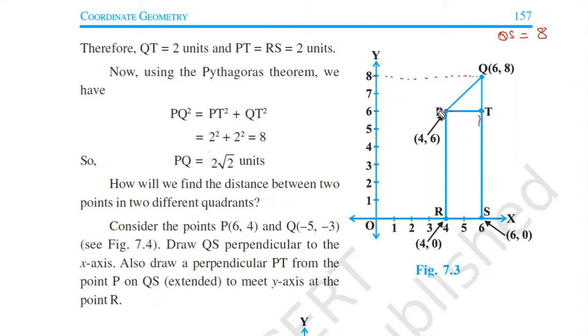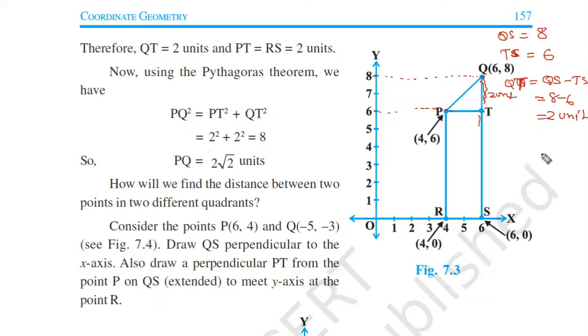You do a similar thing here. So TS is equal to how much? 6. Yes, 6. Now you can find the length of QT. Directly write QT equal to QS minus TS, which is equal to 8 minus 6, which is equal to 2 units. Now you get this length as 2 units.